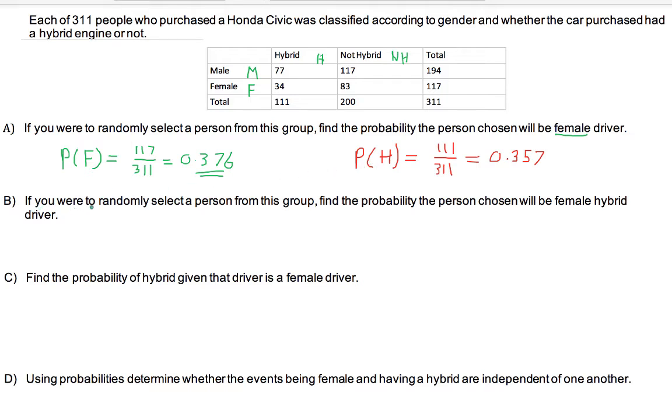If you were to randomly select a person from this group, find the probability the person chosen will be a female hybrid driver. Okay, what is the question? First understand the question. They are asking female hybrid driver. It means it should be female and also hybrid driver, hybrid engine, right?